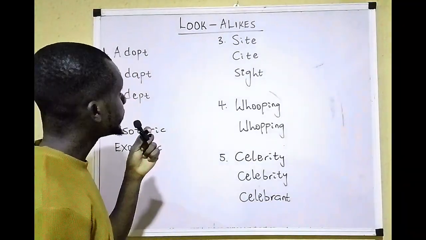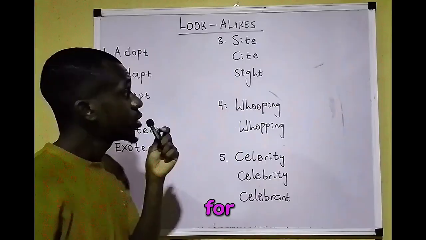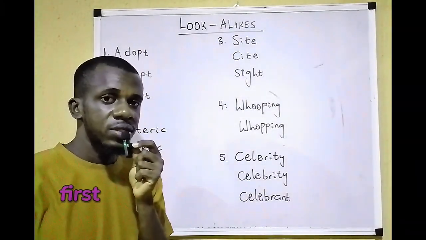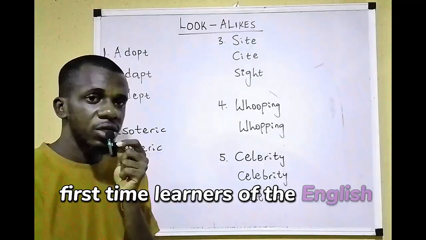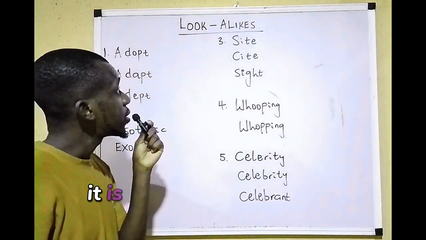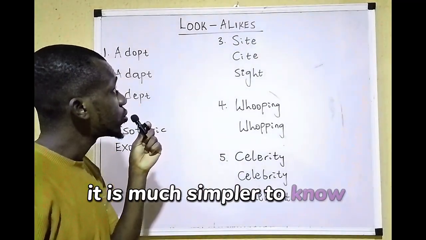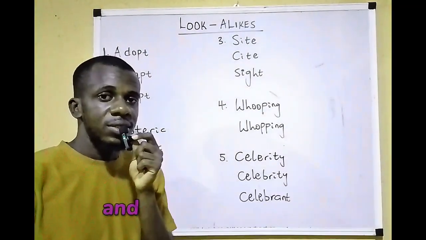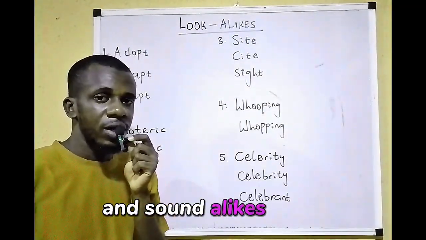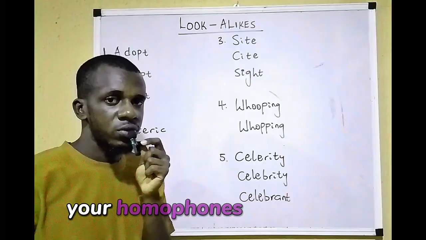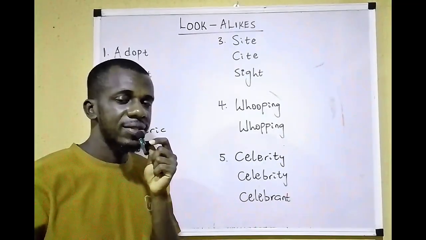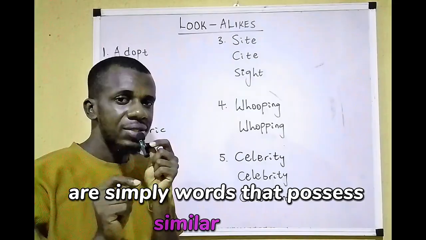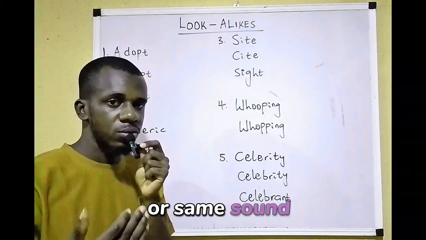So for beginners, first time learners of the English language, it is much simpler to know homonyms as look-alikes and sound-alikes. Your homophones, by definition, are simply words that possess similar sound or same sound.